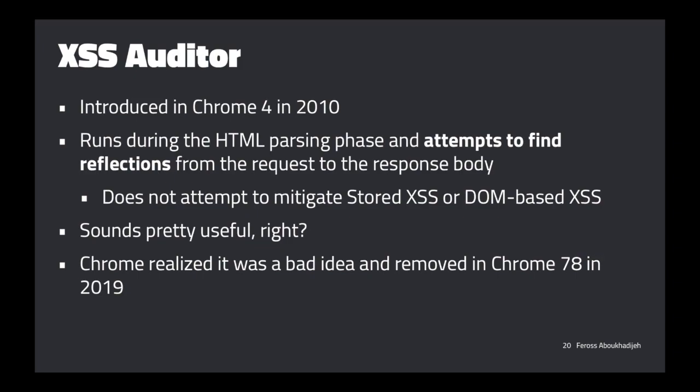Maybe the server was tricked and reflected something it got as input out into the output. So what if we see that, we just block it, don't let that script run. And now we've protected the website, even though the website's insecure. The browser is smart enough to effectively refuse to run that attacker code. Seems like a good idea, right?